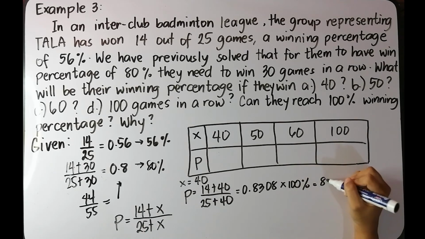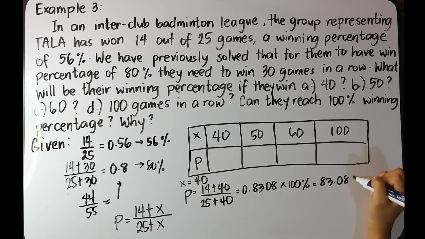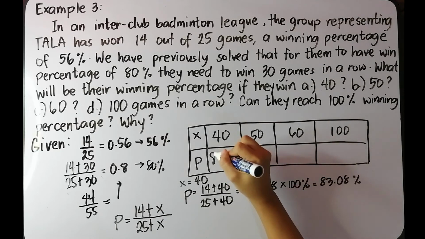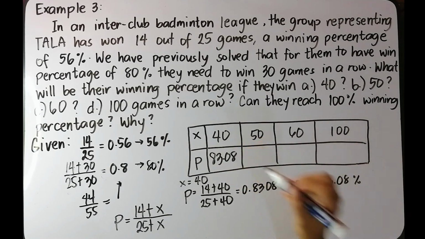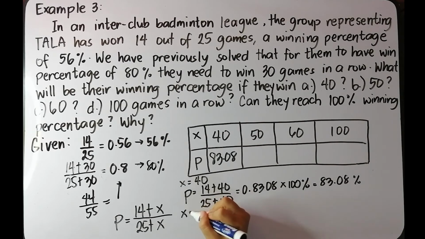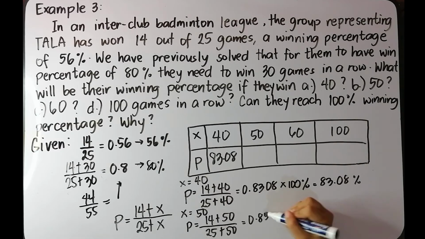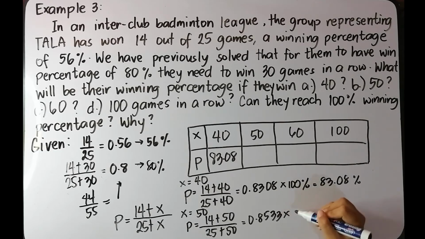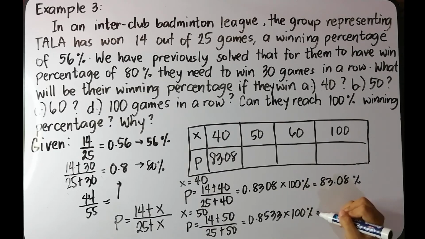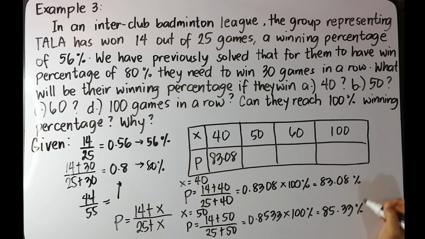We have 83.08%. So let's fill this up, 83.08. If X is 50, what is our winning percentage? So 14 plus 50 over 25 plus 50, we have 0.8533. So just times 100% to get the percentage, we have 85.33%.